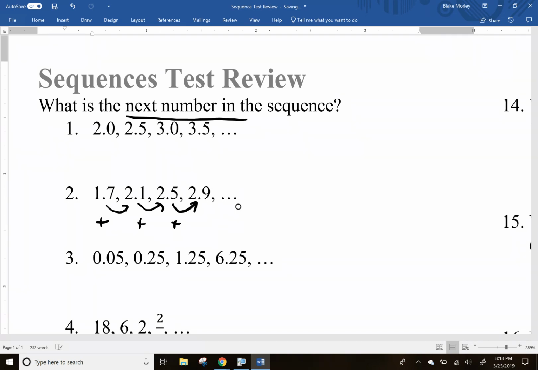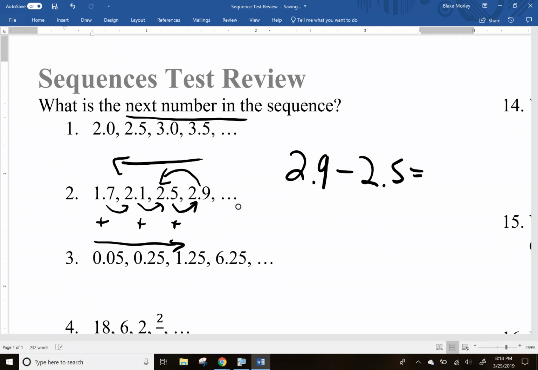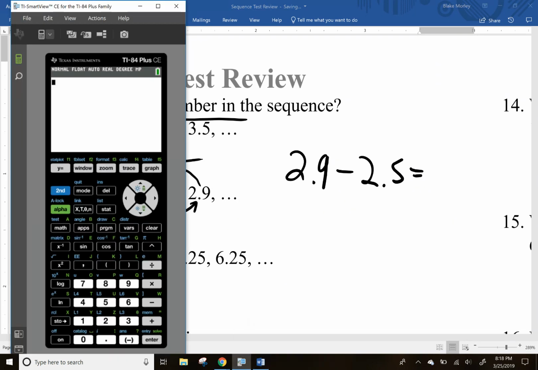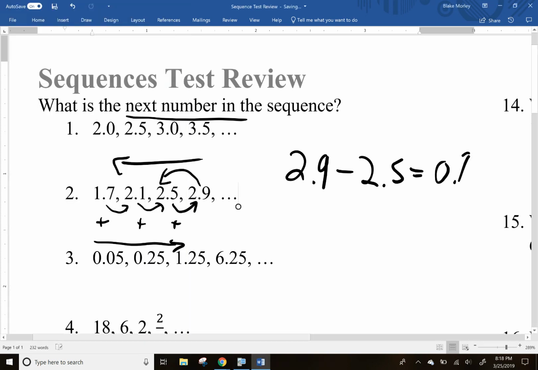If you think it's an arithmetic sequence, or at least you want to try and guess that it is, well, what would happen is if you go backwards, right? If you take 2.9, for example, and subtract, because you're adding going this way. So if you go backwards, you can subtract the previous term before 2.9, so 2.9 minus 2.5, right? And we could just grab our calculator and type that in. 2.9 minus 2.5 equals 0.4.